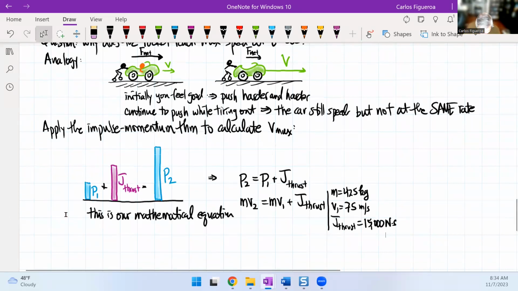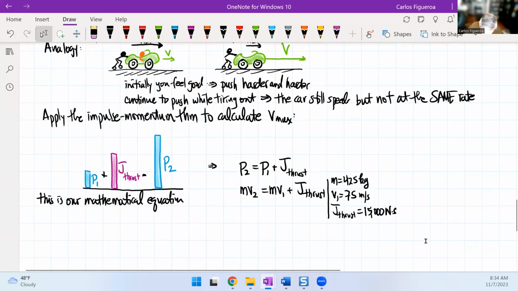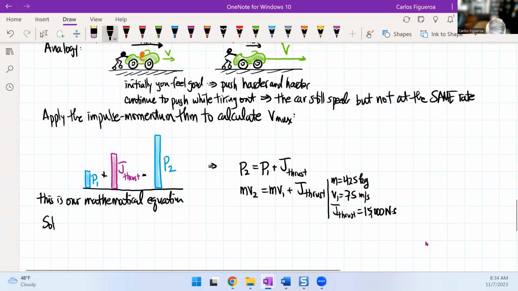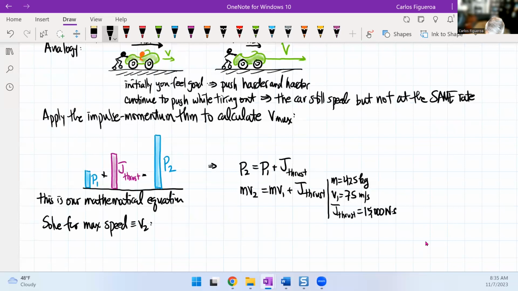Now what I'm going to do is solve for max speed, which we define as V2.